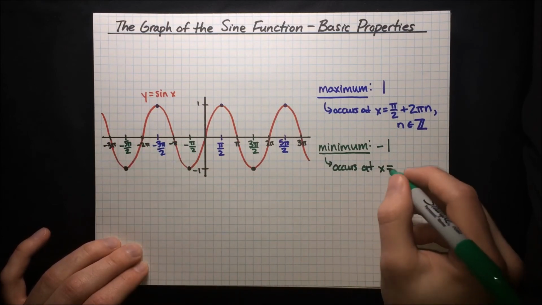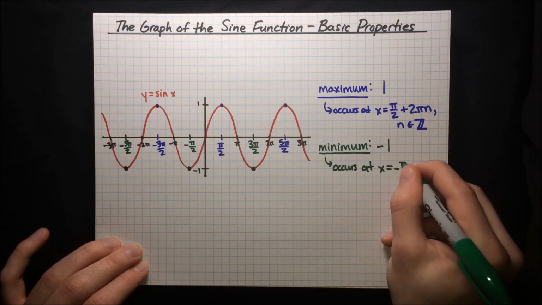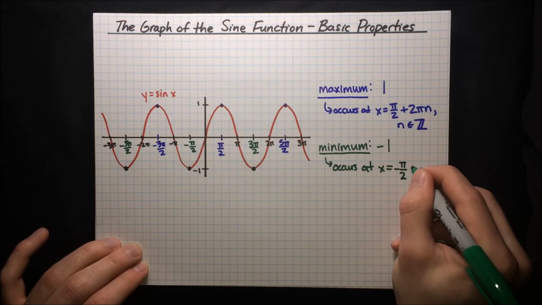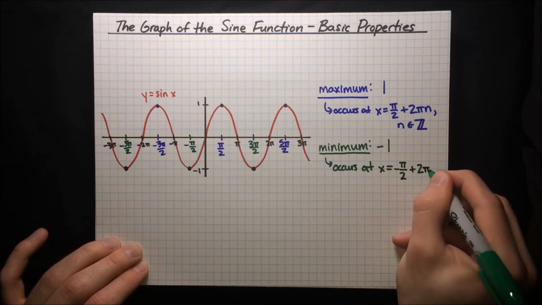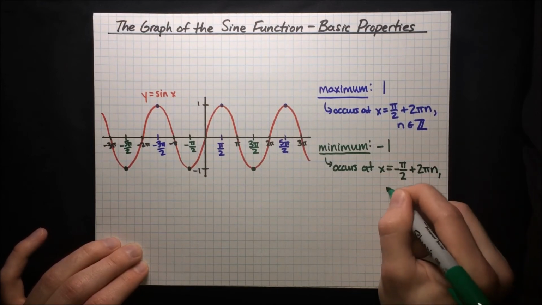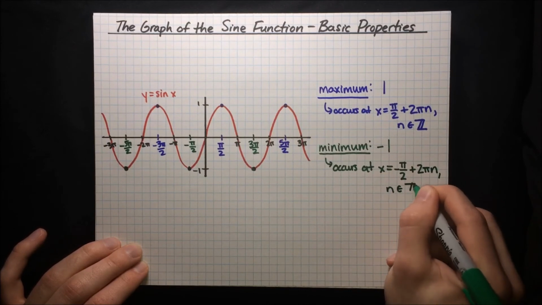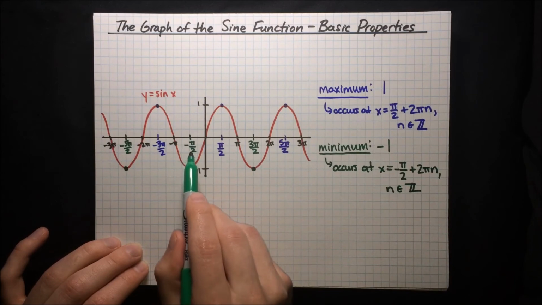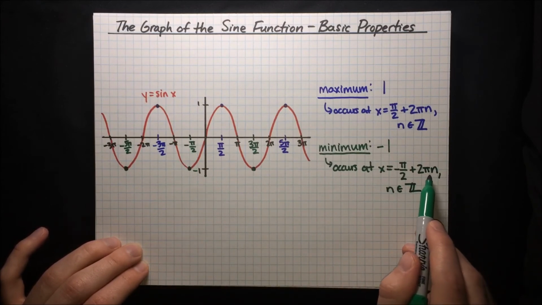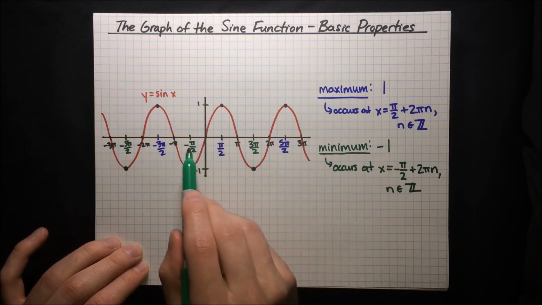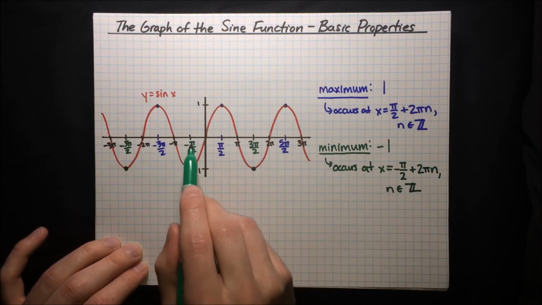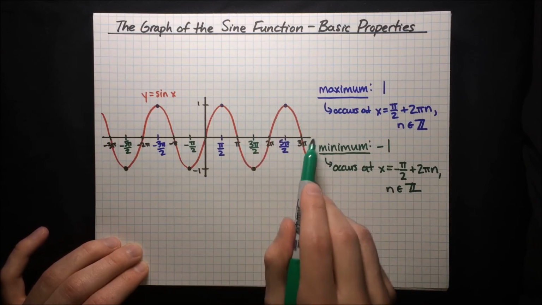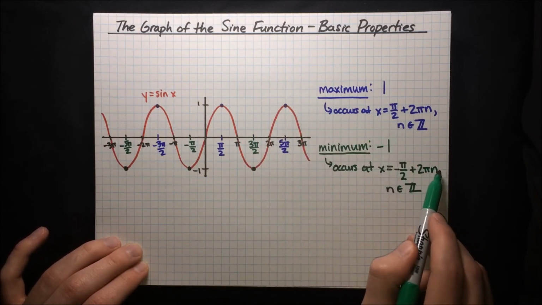And so the way we're going to write that is we're starting at -pi/2, and then again we're just adding multiples of 2 pi, so plus 2 pi n, where n is an integer, so n is in the set of integers. 0 is in the set of integers, so we get our -pi/2, and 1, 2, 3, 4, and so on are in the set of integers, so we get the ones that go -pi/2 plus 2 pi, then we also get the one that goes plus another 2 pi, because that's n equals 2, plus another 2 pi, n equals 3.